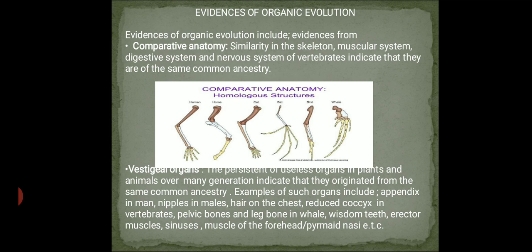The presence of useless organs in animals over many generations indicates that they originated from the same common ancestry. We have various examples of vestigial organs in our body. What are vestigial organs? Don't forget, it is a useless organ in plants and animals. An example is nipples in males.